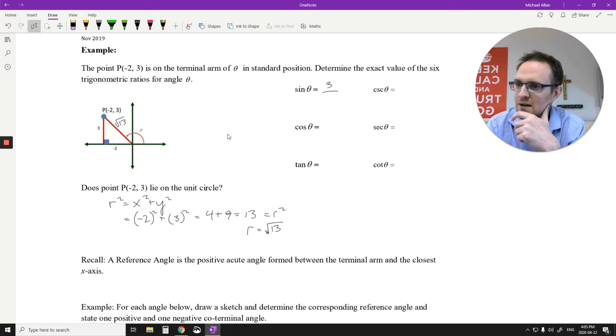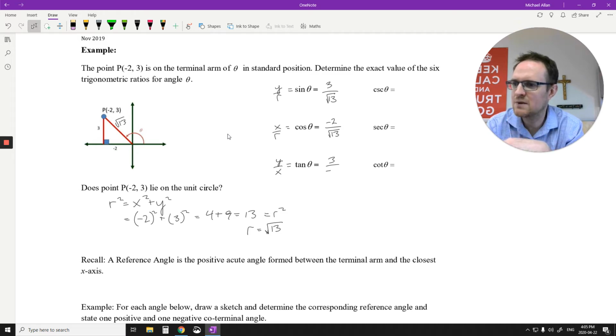So this is going to be y over r, which is 3 over square root of 13. I'm just going to write that over here, actually. Cos is going to be x over r. So x is negative 2 over square root of 13. I'm not going to rationalize those. You don't have to. And tan is going to be y over x, and y being 3, and x being negative 2. So this would be negative 3 over 2.